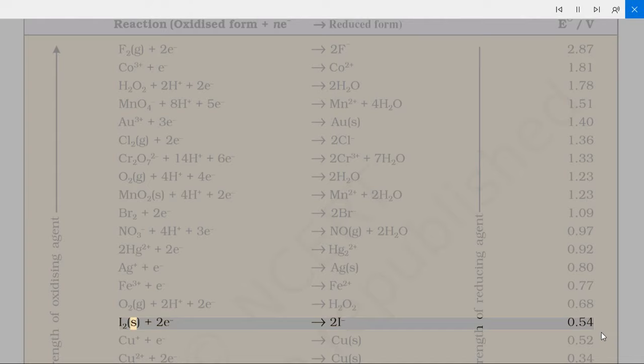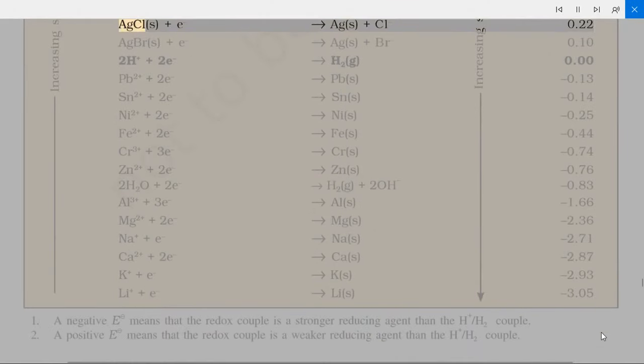I2(s) + 2e- gives 2I-, 0.54. Cu+ + e- gives Cu(s), 0.52. Cu2+ + 2e- gives Cu(s), 0.34. AgCl(s) + e- gives Ag(s) + Cl-, 0.22.